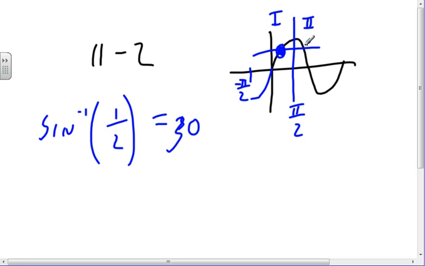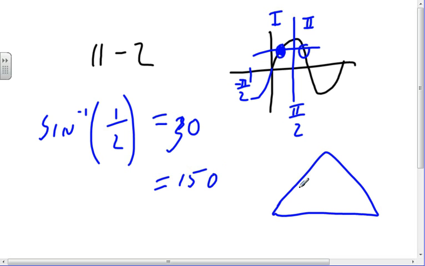There's another answer over there of 150. If I take the sine of 150, I get 1/2. So sine of 150 is 1/2, and sine of 30 is 1/2. So if I have a triangle with an angle that could be 30 or 150, I have to look at both of them.